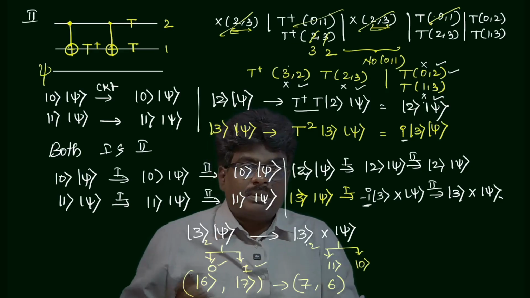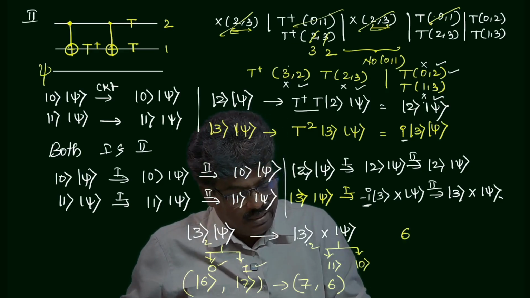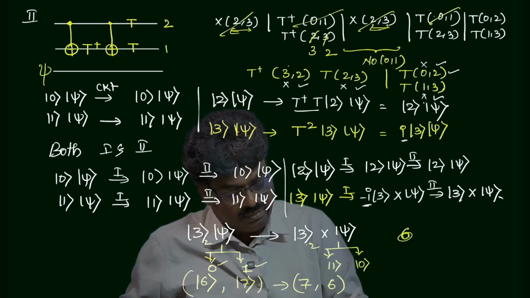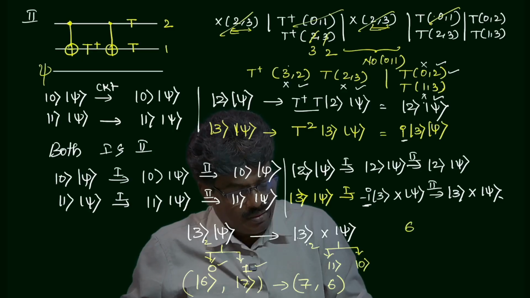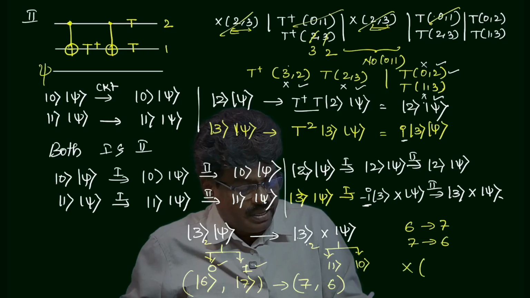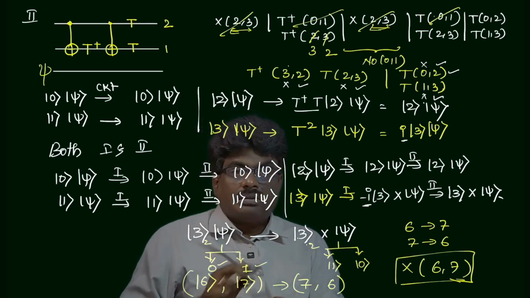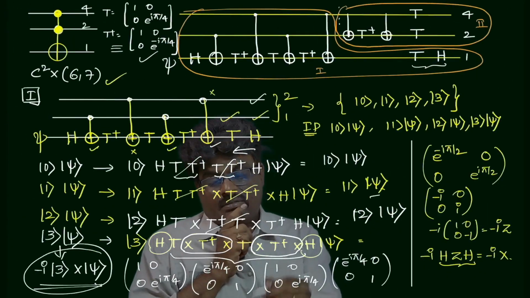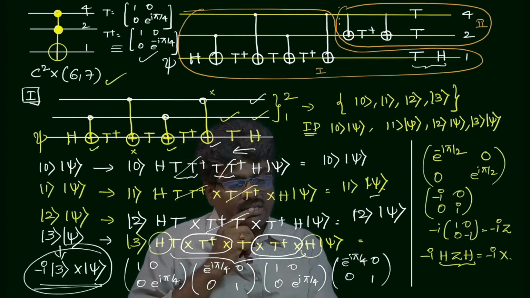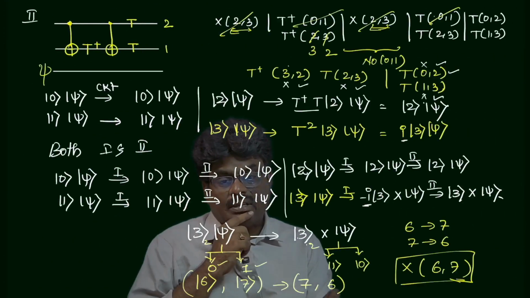That's it. That means 6 becomes 7, and 7 becomes 6. So finally we can write this as X of 6 comma 7. So this is what we get here. It will flip 6 and 7, and here also we are getting the same thing.